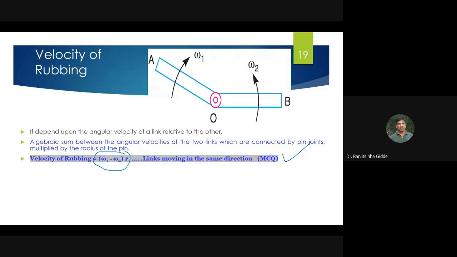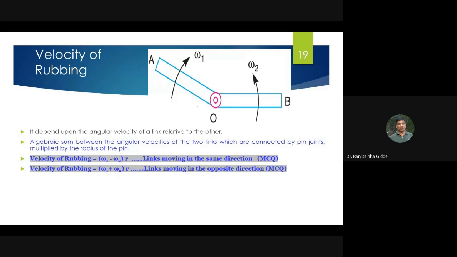Definitely this will be asked for MCQ. And when links are moving in opposite directions, omega 1 and omega 2 should be added and multiplied by the radius to get the velocity of rubbing, or simply the rubbing velocity.